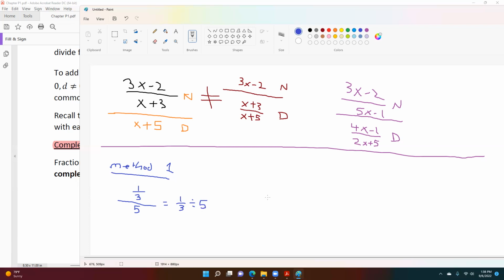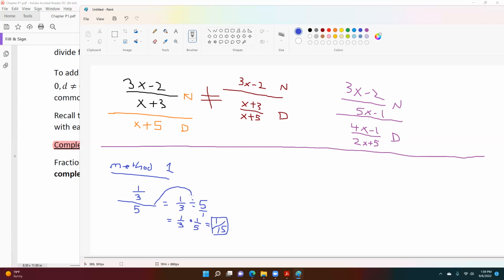Then you change this divide to become multiply, and you flip the fraction in the back. So it's 1/5. And then you multiply them straight across. This is 1/15.